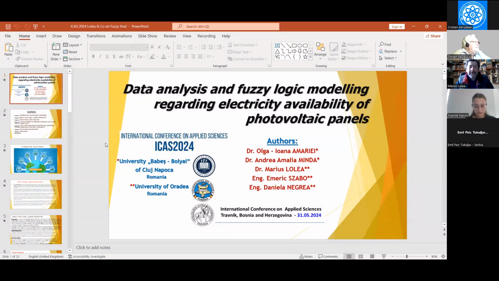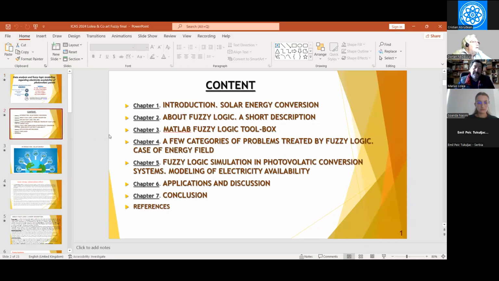The title of the paper is data analysis and fuzzy logic modeling regarding electricity availability of photovoltaic panels. So this is our paperwork, and the structure of the paperwork is chapter 1, introduction, solar energy conversion.